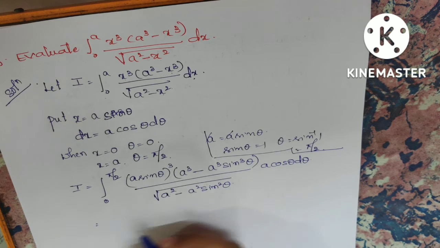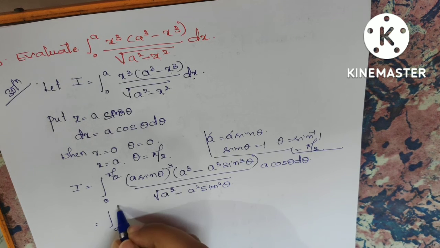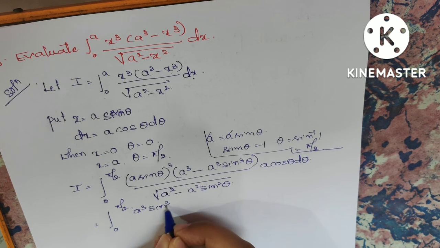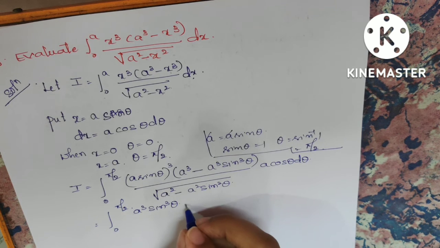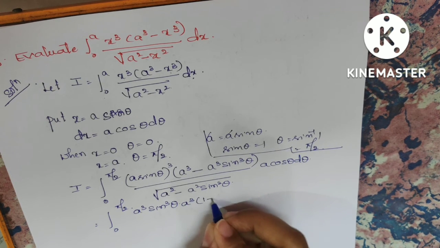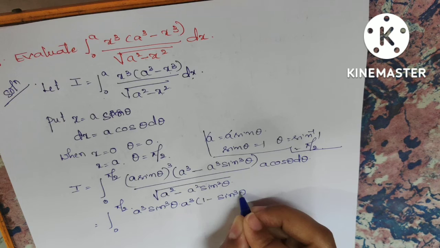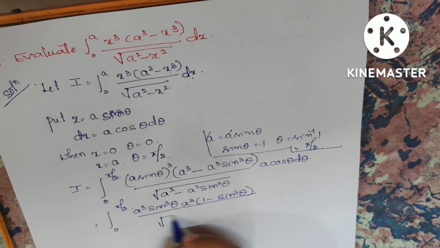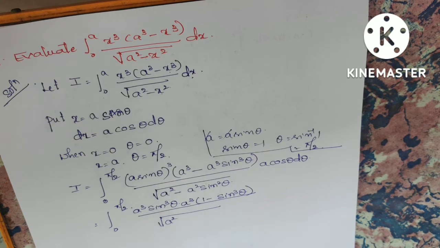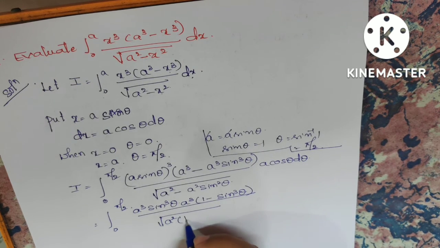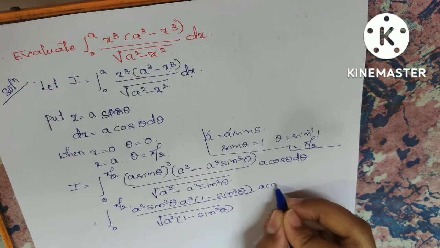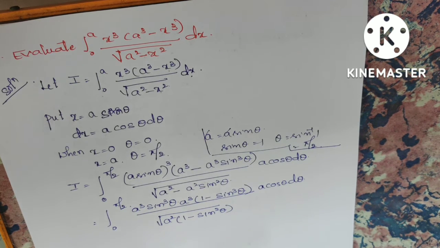Now this equals integration from 0 to pi/2, a cube into sin cube theta. Here I'll take a cube common: a cube into (1 minus sin cube theta) in the numerator. In the denominator I'll take a square common into 1 minus sin square theta into a cos theta d theta.